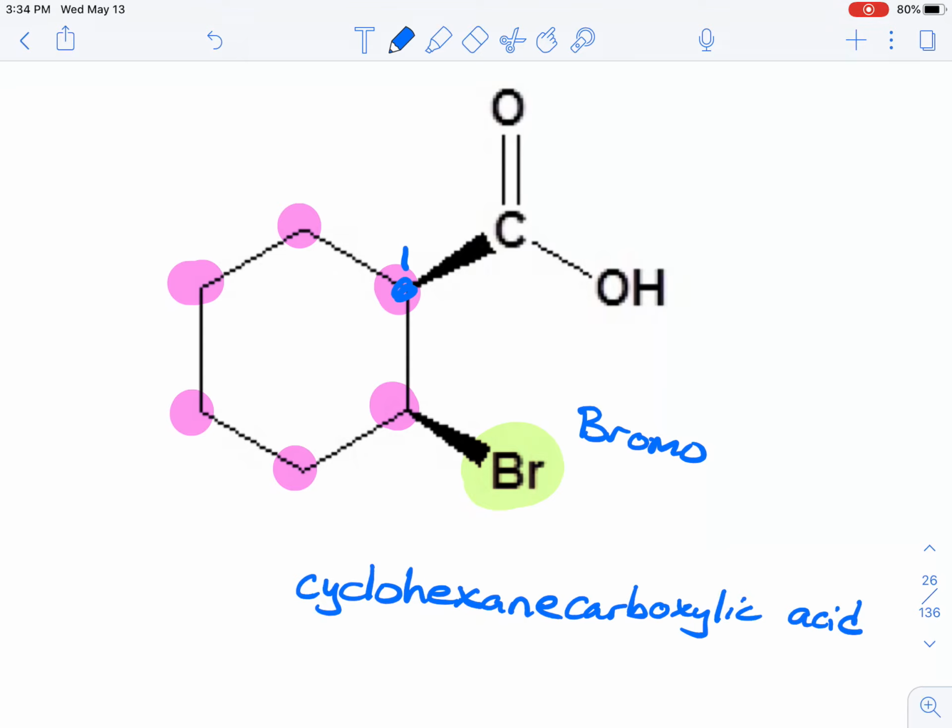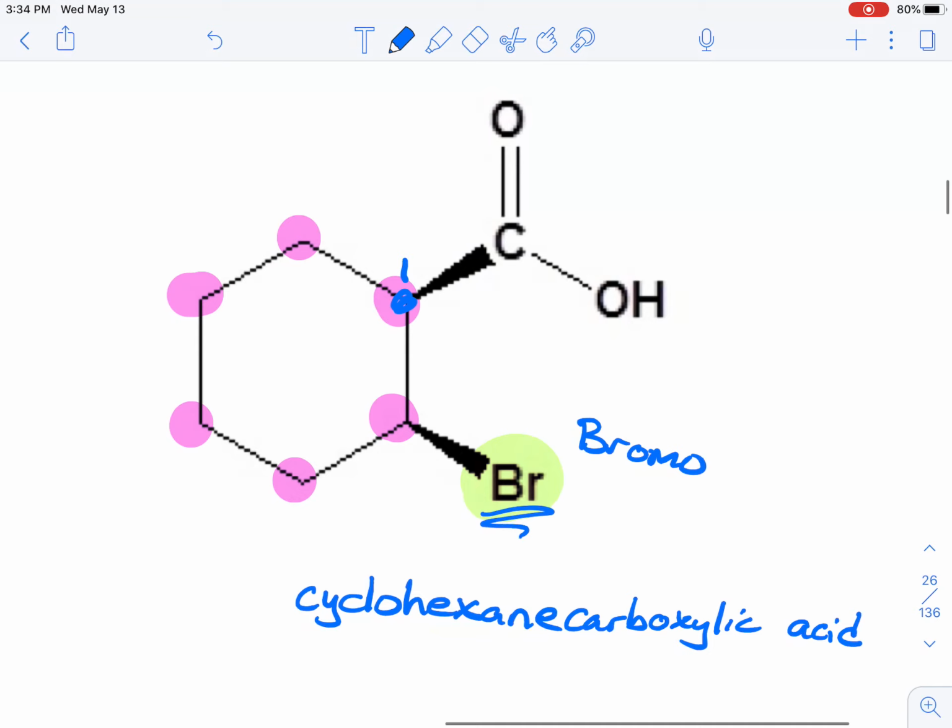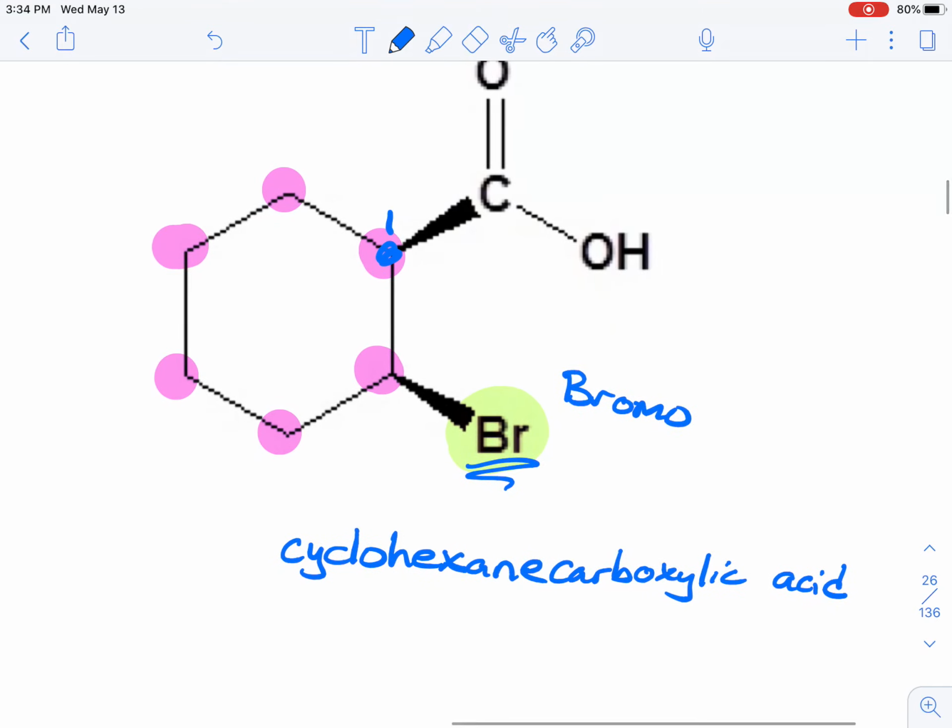And so we want to give bromine the lowest possible carbon number. And the only way that's possible is if we number our ring clockwise. So this is going to be 1, 2, 3, 4, 5, and 6. If you guys number it counterclockwise, the number that you would get for bromine would be 6. And so that's larger than 2. And so overall, this is going to be 2-bromo.